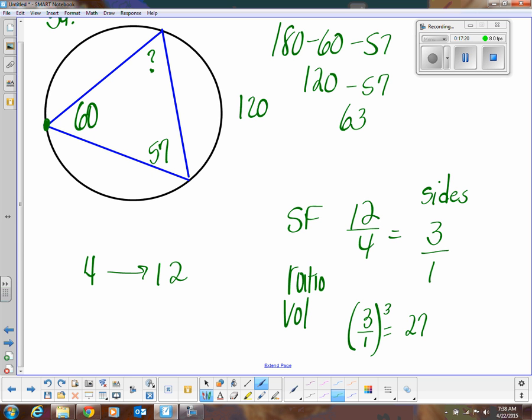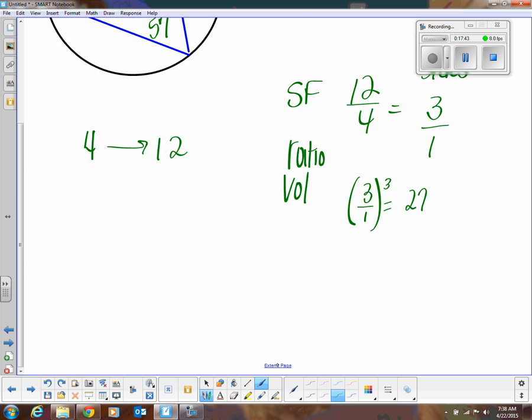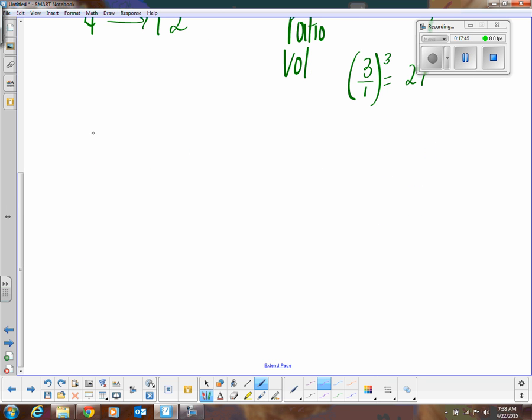Brittany? You had your hand up. Oh, okay. This is, when we proved triangles similar, it's that situation. They told you that the mast does not change.